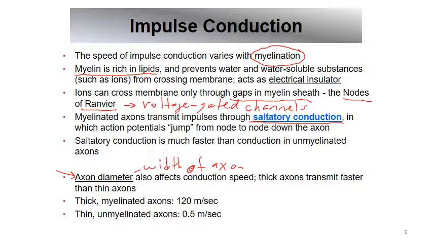So if the axon is thick, and if it also has myelin, then the action potential is going to be much faster. But if the axon is thin, meaning narrow, and it's unmyelinated, then we're seeing the action potential much slower.